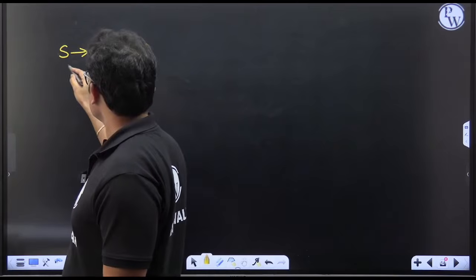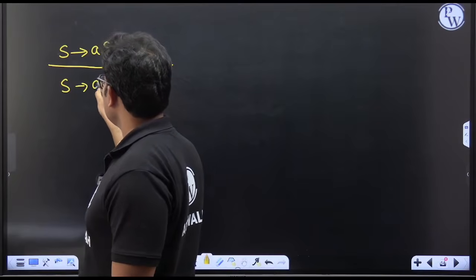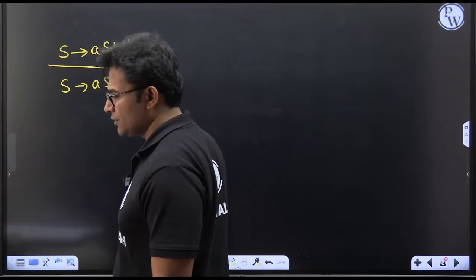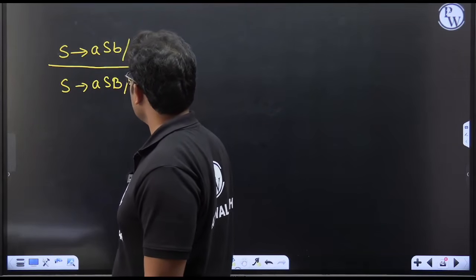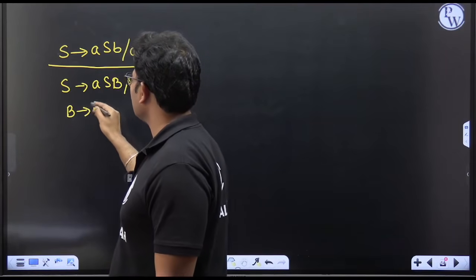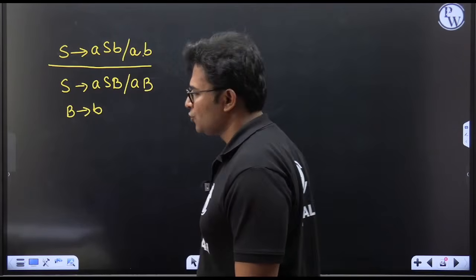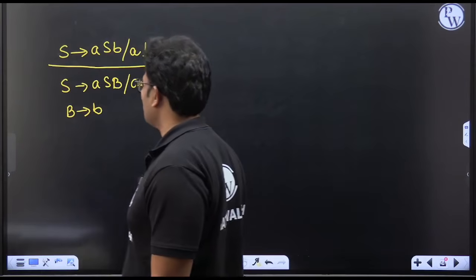S derives a S B or a b, or a B, and then B derives small b. This is how you convert any grammar into GNF.